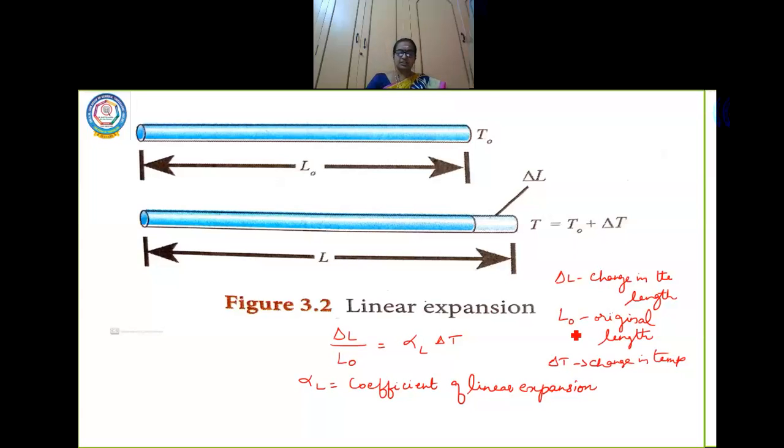Then the expansion is said to be linear or longitudinal expansion. Linear expansion is otherwise called as longitudinal expansion, and it is given by the formula del L by L naught equal to alpha L into del T. And the coefficient of linear expansion is per Kelvin. Is it clear, children? Is it clear?